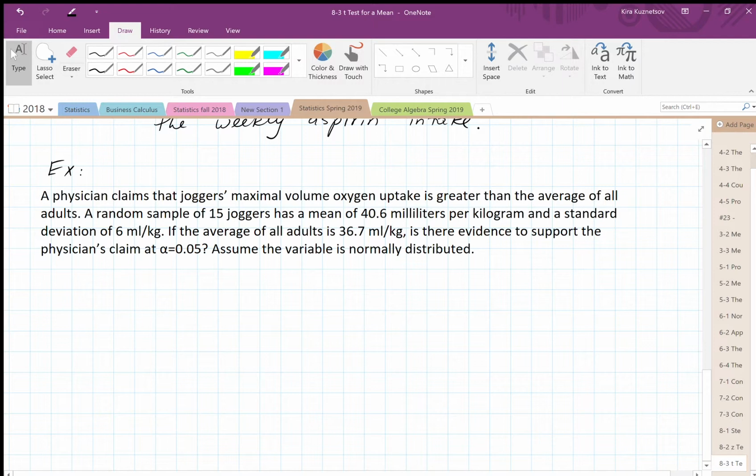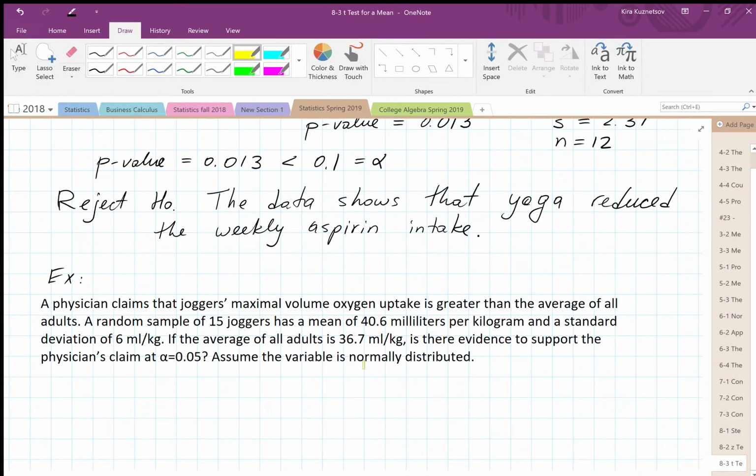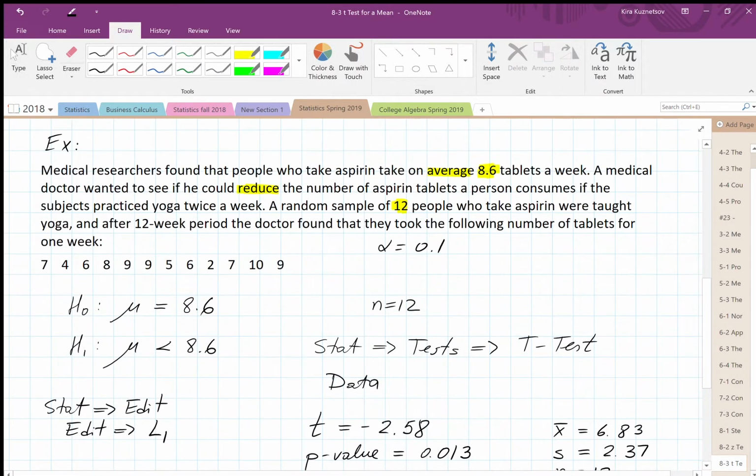Assume the variable is normally distributed. So we kind of need this information right here, the normal distribution. We needed it here, normal distribution. So these are the things that we need to assume in order to even run the test, or you can't run the test.